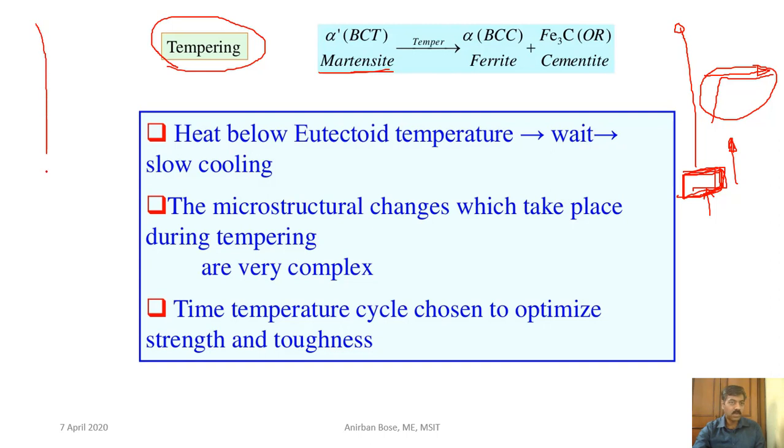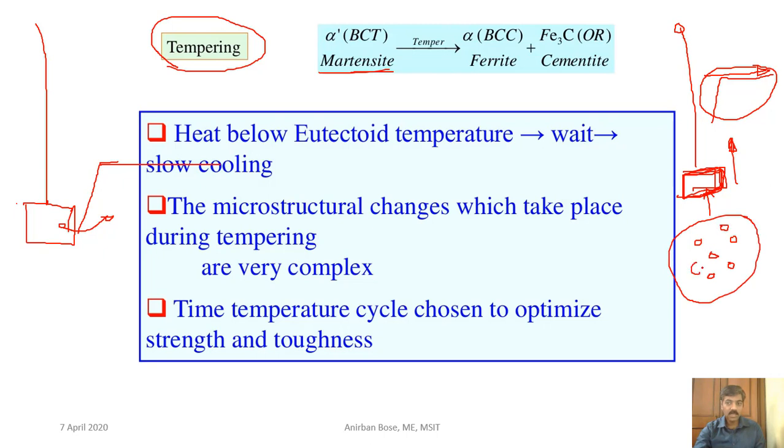Basically you have cooled it so fast that carbon has not got any time to diffuse out of the structure. That's why when you further heat during the tempering process, you are allowing some heat, and since you keep it for a long time at that temperature, the carbon easily diffuses out of the martensitic structure and forms spherical particles within it. So the whole structure is martensite, and within that you get some spherical structures.